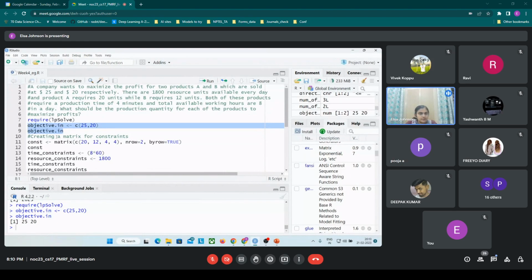Now you have two constraints, the time constraint as well as the resource constraint. You will store these as a matrix.